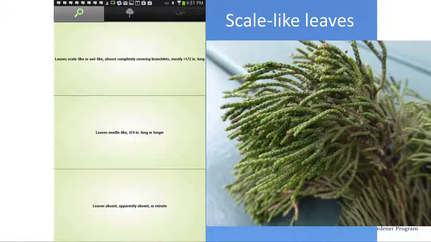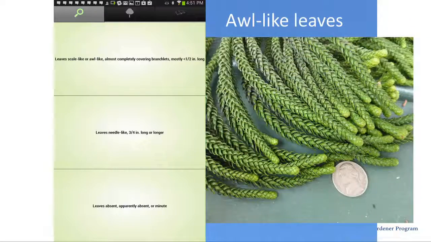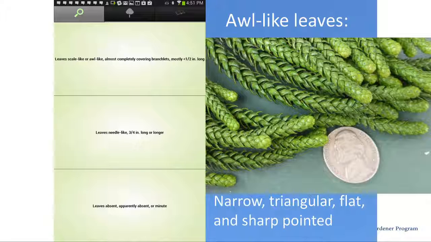So this is what scale-like leaves would look like, kind of like fish scales. Awl-like leaves would be these little triangular leaves that are considered awl-like. Narrow, triangular, flat, and sharp pointed. Not happening on that one.